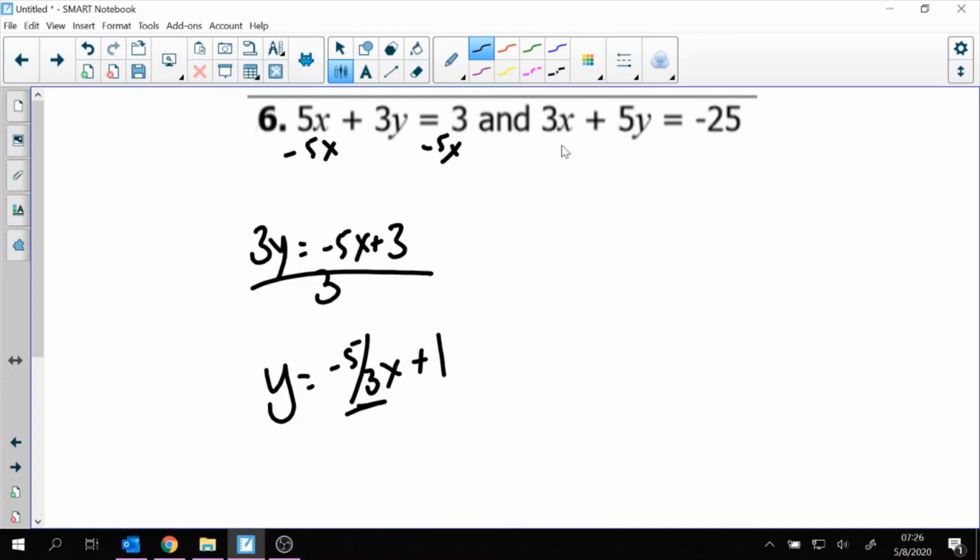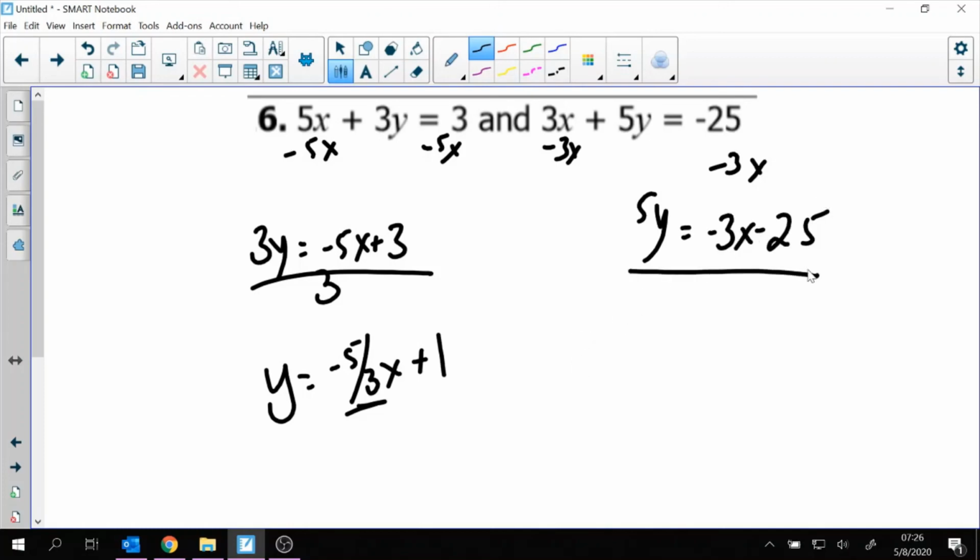Over here, same story. Subtract 3x, and you get 5y equals negative 3x minus 25. Divide both sides by 5 because that's the number in front of the y. You get y equals negative 3/5 x minus 5.